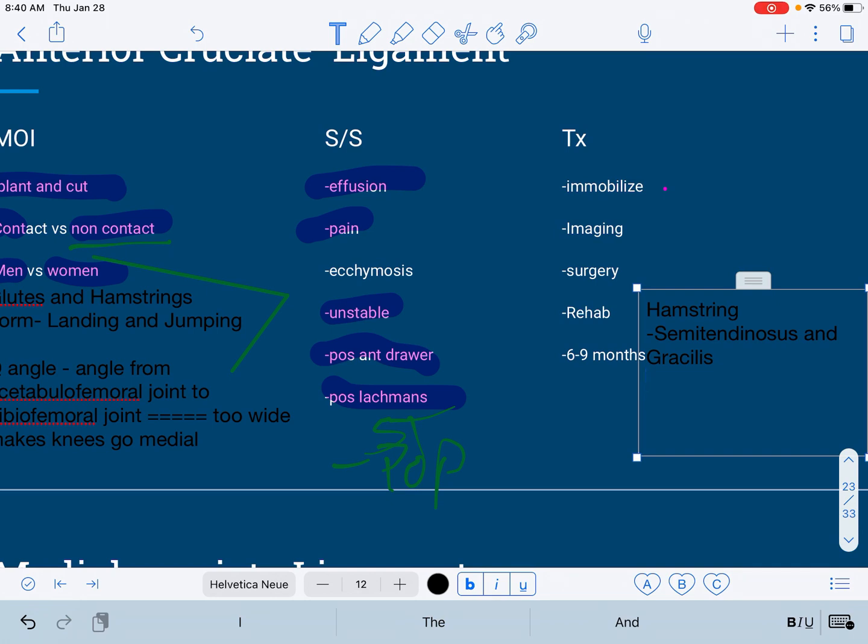You have the option of the patellar tendon, quadriceps tendon, or a cadaver, which you shouldn't do if you're a young person returning to play.